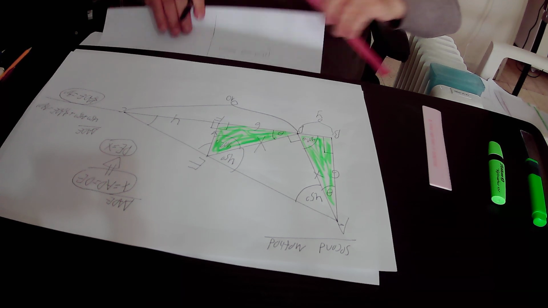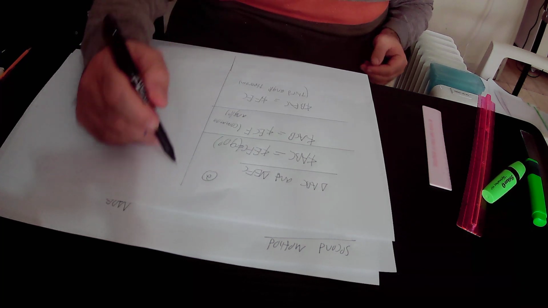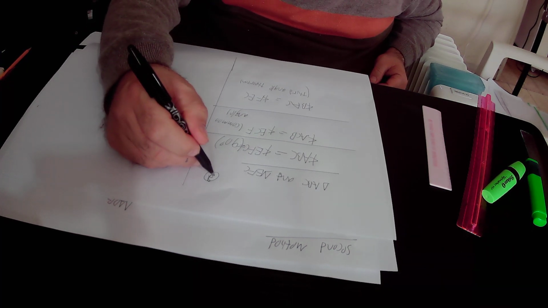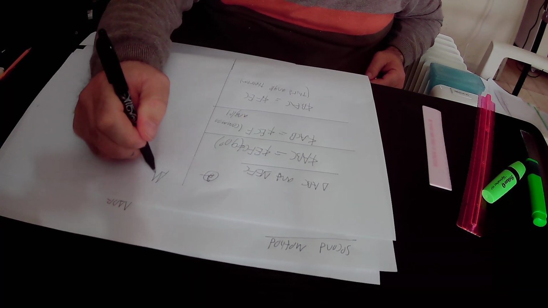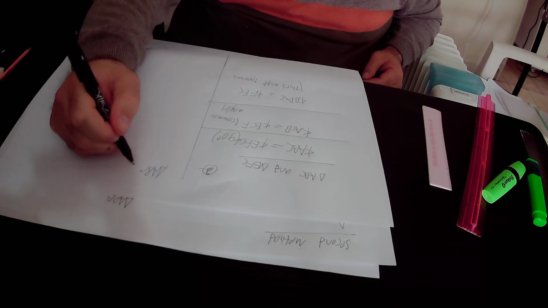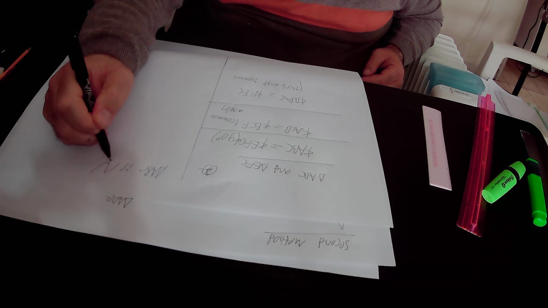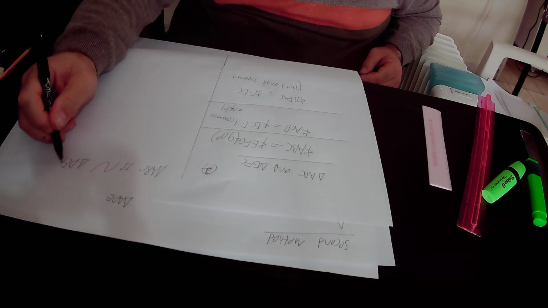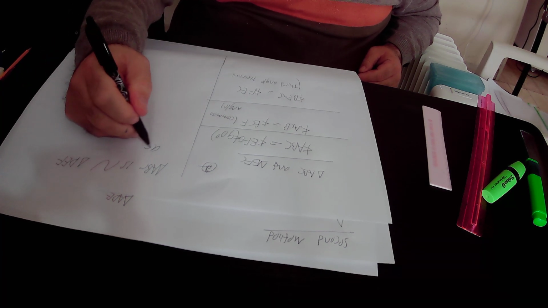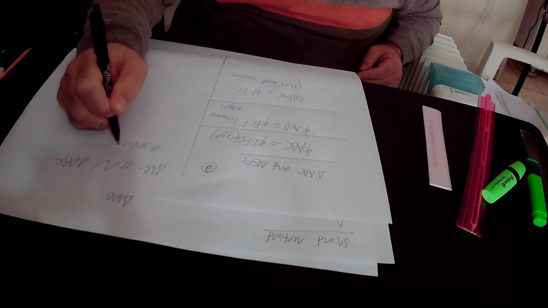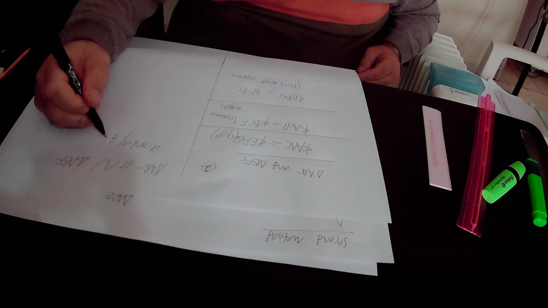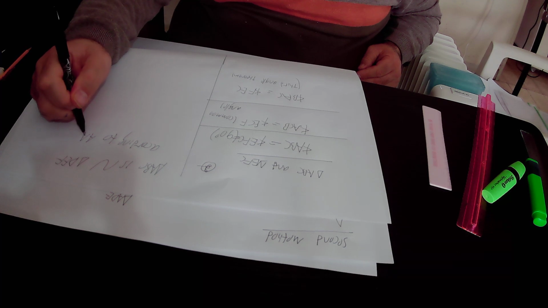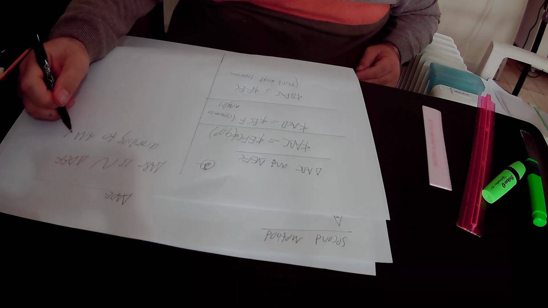So I will write it down. Triangle ABC is similar, this is the sign of similar, to triangle EFC according to the angle similarity rule.